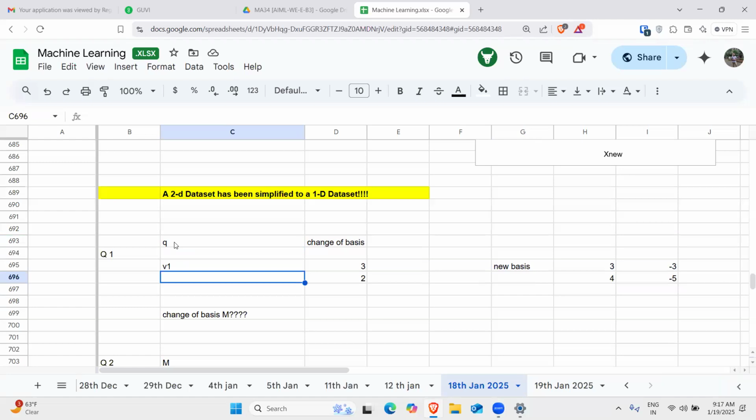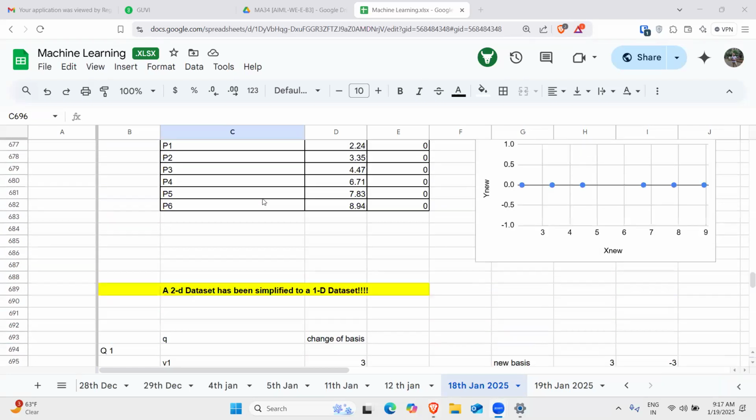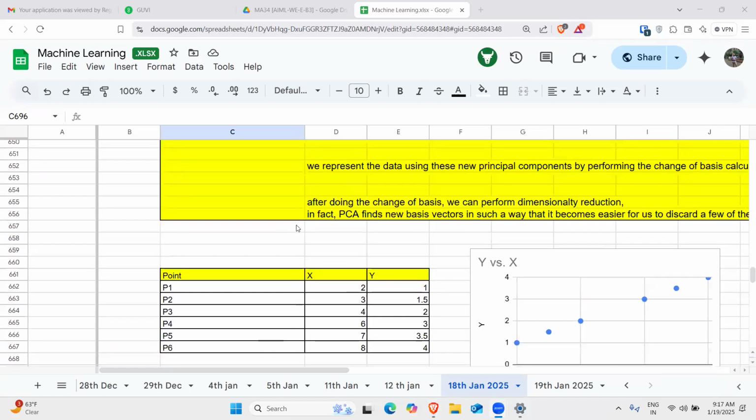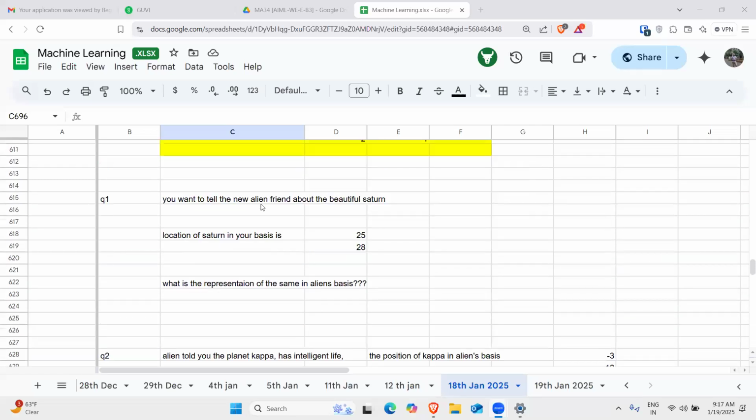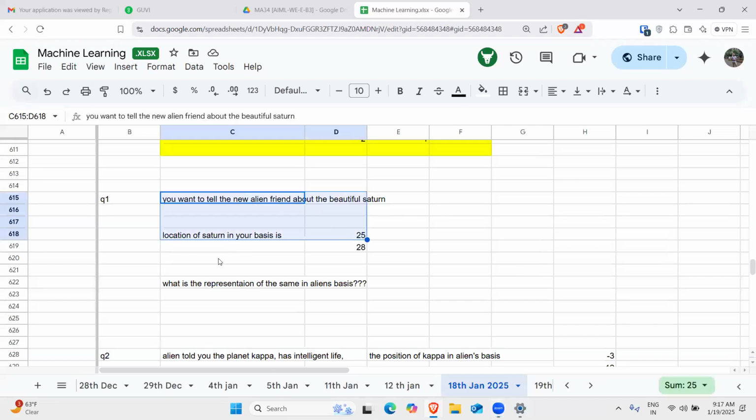Okay. First question, where is that? Alien question. This one. Okay. So what have you got as the answer for this one? Representation of the same in alien basis. What is your answer?